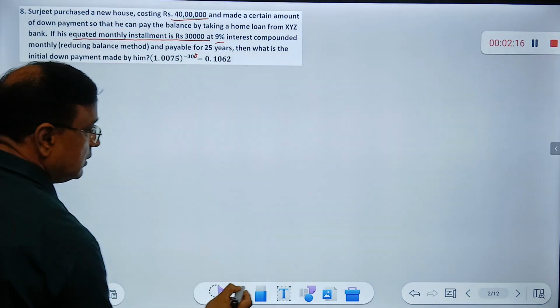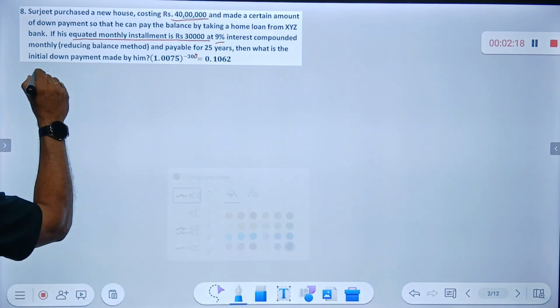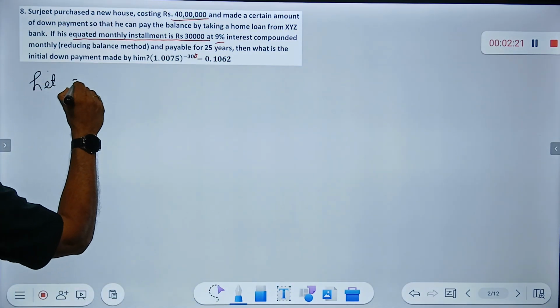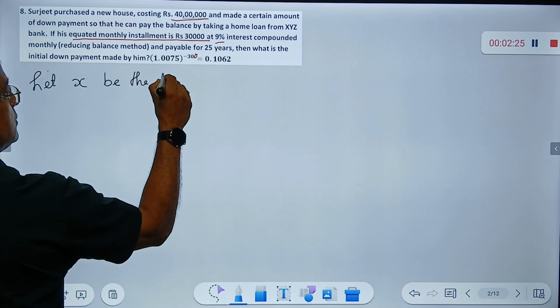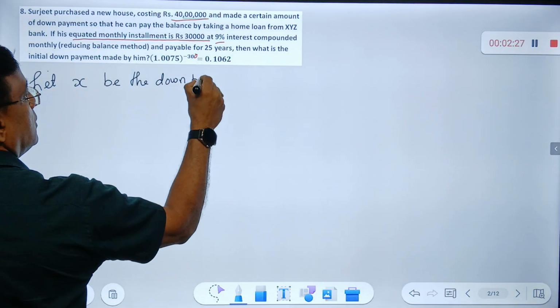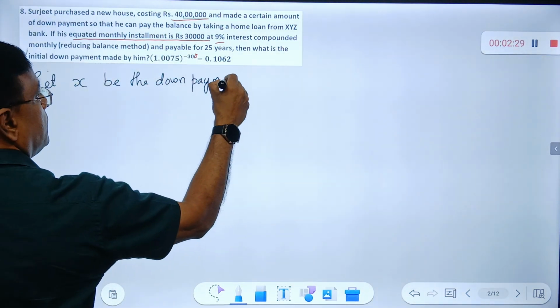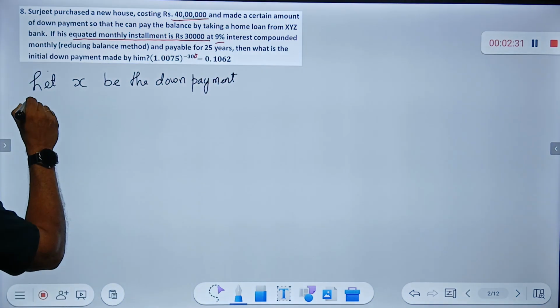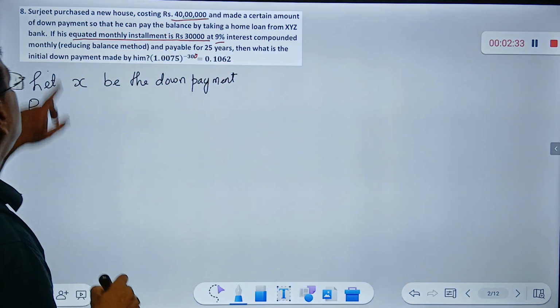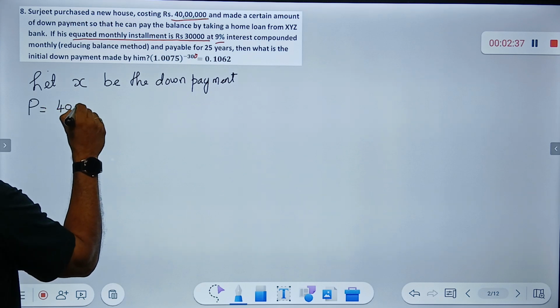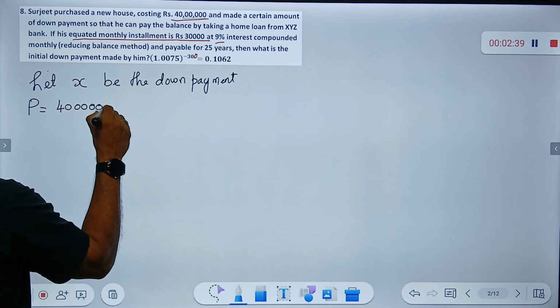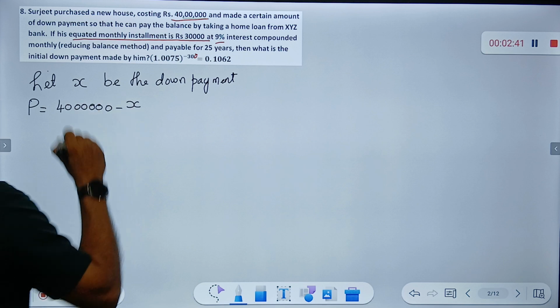Okay, so now first of all let me write, let me use a black color. Let X be the down payment. So what will be the principal? The principal will be the cost of the house, which is 40 lakhs, minus the down payment. Correct?